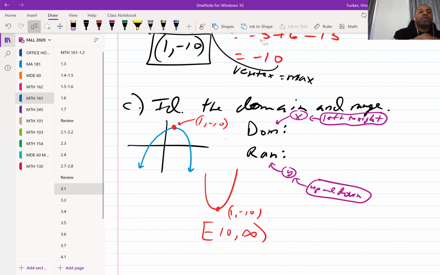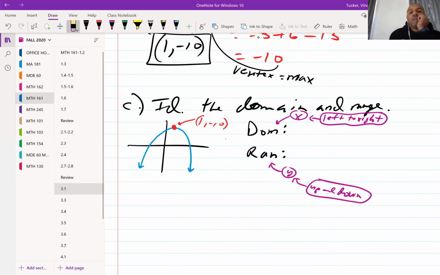Now your domain goes from left to right. Those are your x values. And your range is up and down, which are your y values. That's going to determine how you establish what your interval would be for each one.